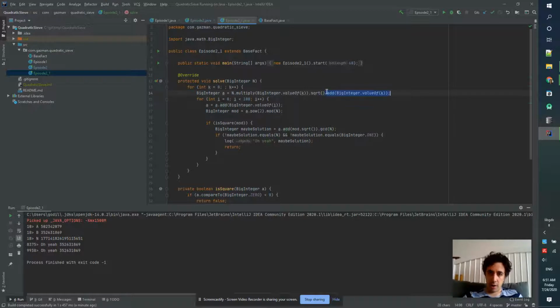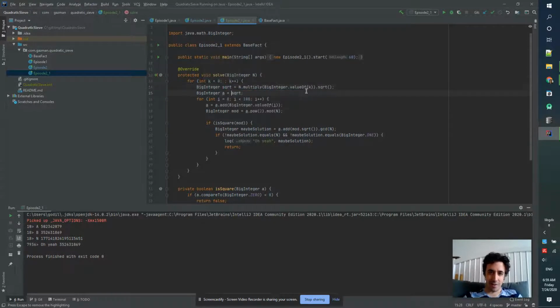I don't need to add the k value here, so it's just a square of this expression. Okay, I cannot reuse a. I need to put it into a variable, square.